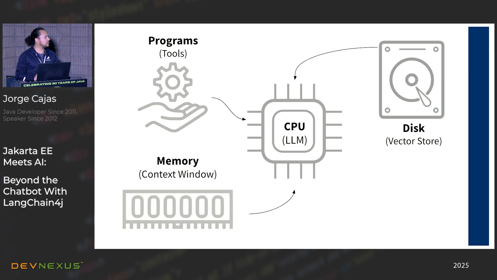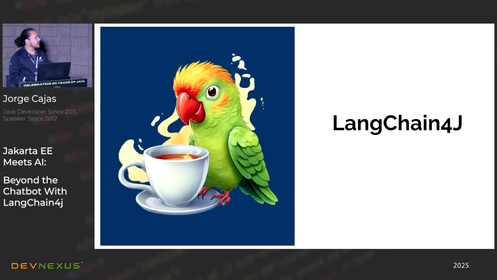So that's how we are going to see the little demo today. And that is where LangChain4j comes into place. We have a lot of options to use LLMs. We have OpenAI, Gemini, Claude, Mistral, Llama, and there are going to be a lot of them every year. So LangChain4j, you can see it, by analogy, like the ORM.